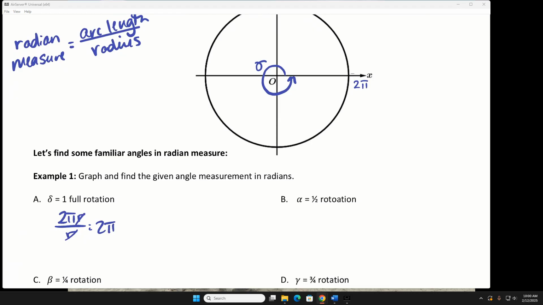I feel like logically we could figure out what half of a rotation is, just using logic, but let's go ahead and do the math. It's going to be half of 2 pi r, still divided by r. So what do you think half of a rotation is? Pi. So that is alpha, which is pi.